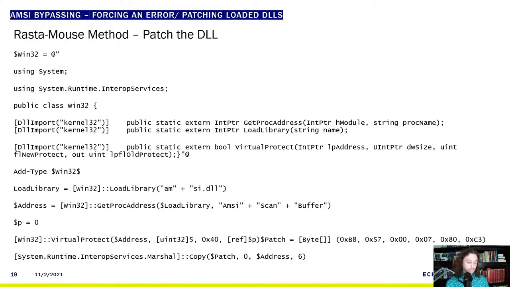So a fun fact about AMSI is that AMSI's functions like to have a static first couple of bytes in all of its functions, which AMSI will go out and check to see if those bytes are still the same.